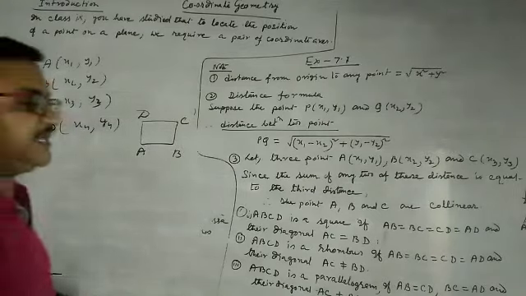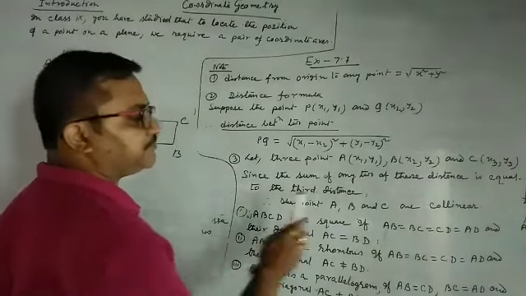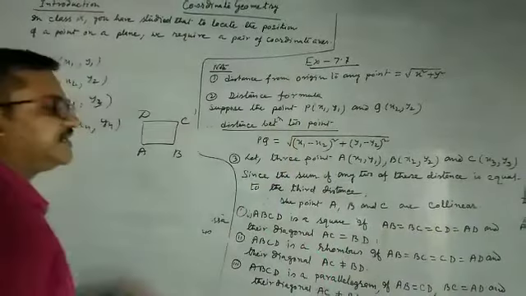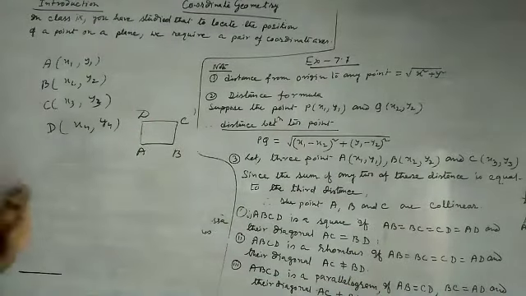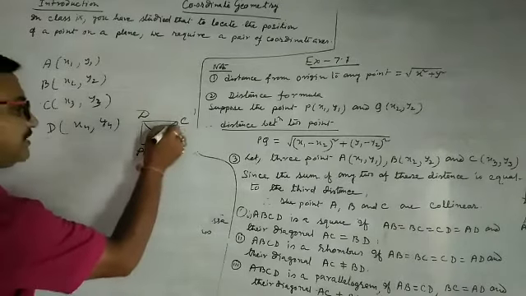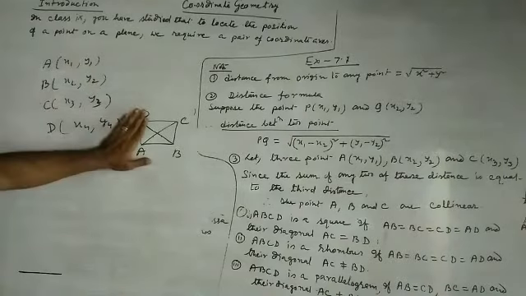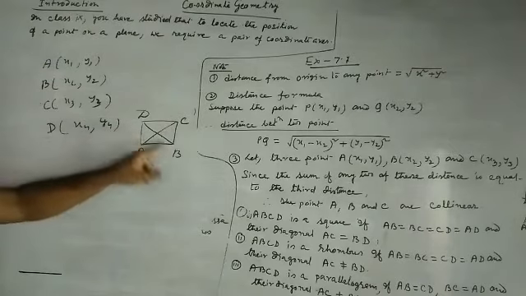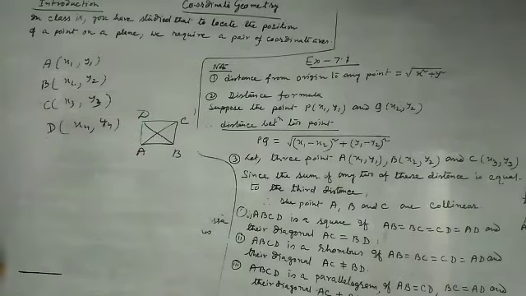The condition: if ABCD is a square, then AB, BC, CD, AD are equal, and the diagonals AC and BD are equal. If in a quadrilateral all sides are equal and the diagonals are equal, then this quadrilateral becomes a square.